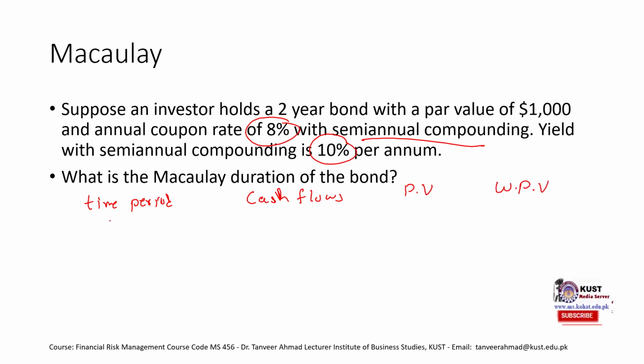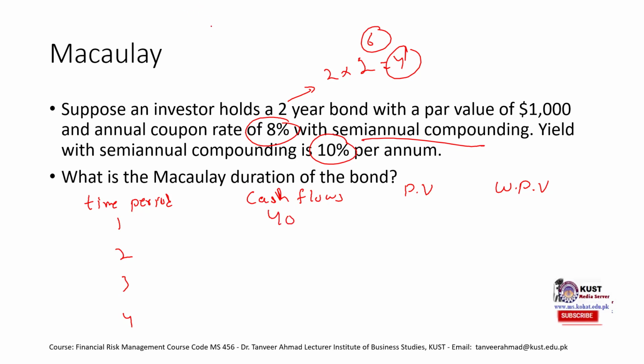So in this case we have 4 time periods because this bond expires in 2 years and there is semi-annual compounding, so we get interest after every 6 months. In each time period we would get an interest of 40 rupees. Why?